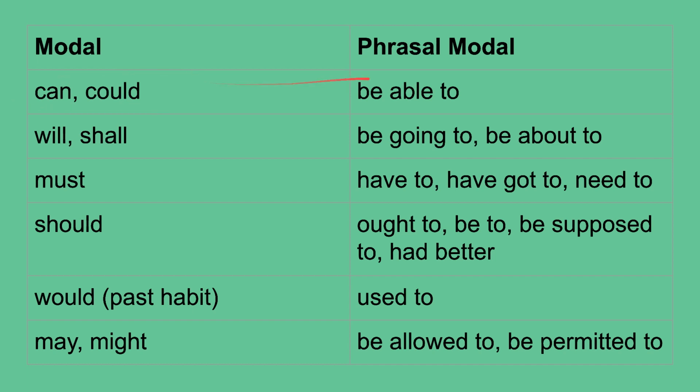I can speak English. I can also say I'm able to speak English. So there's usually phrasal modals that have a similar meaning to a real modal, right? So I put these on the right side, the ones that are very similar. Okay, so you can take a look at this later.